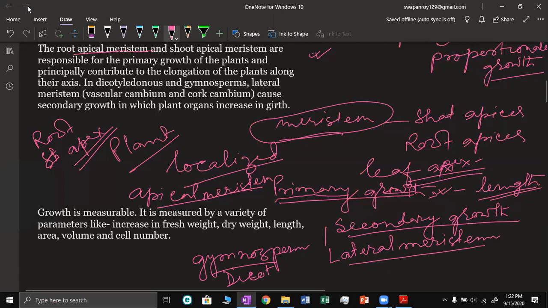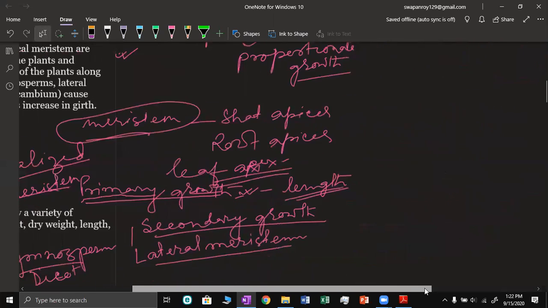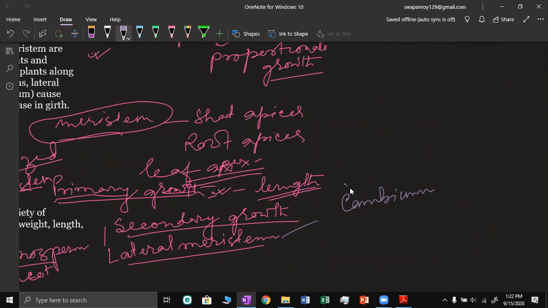These lateral meristems are the cambium, we can call them vascular cambium and cork cambium.